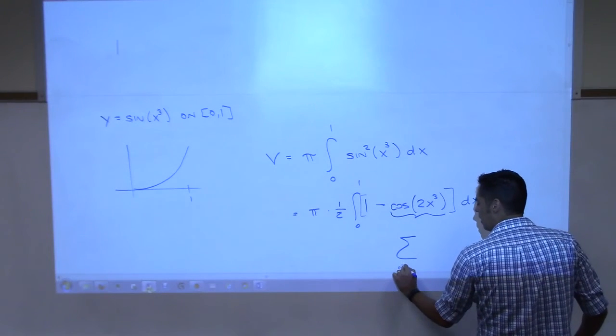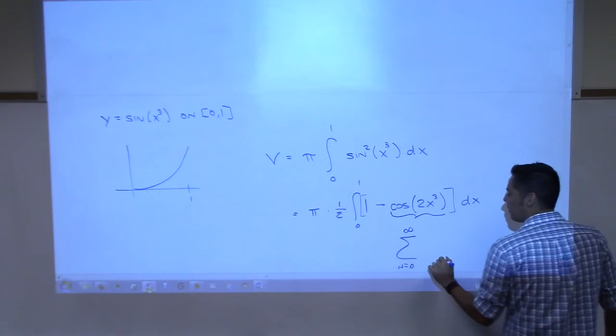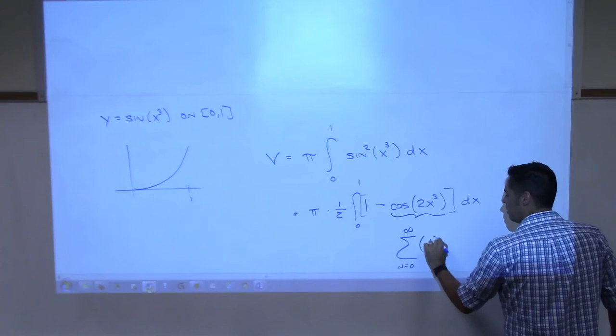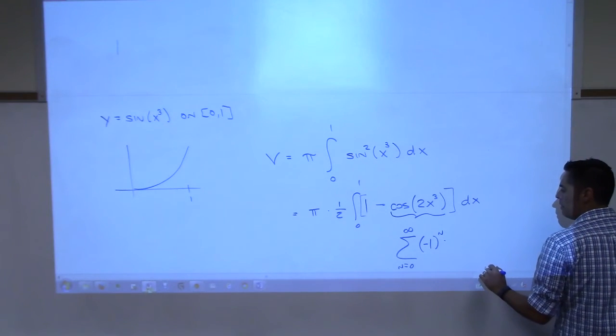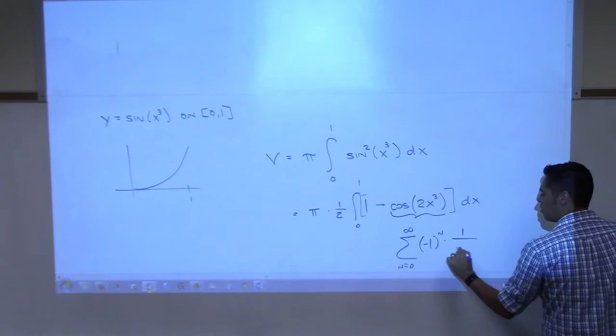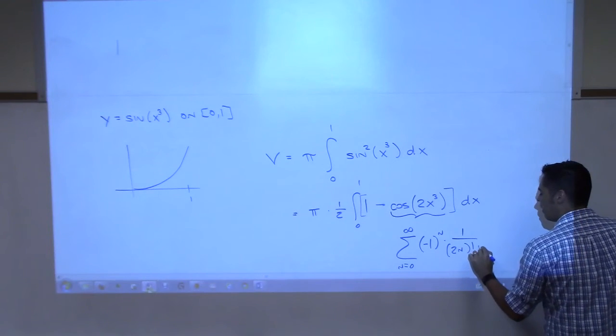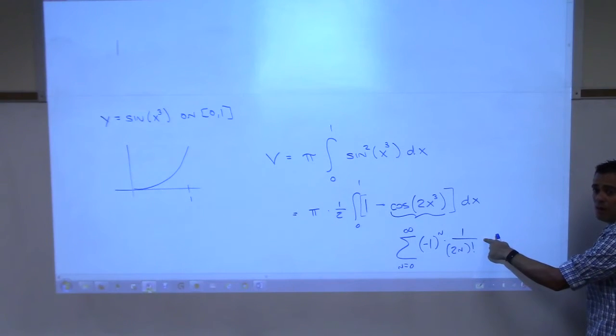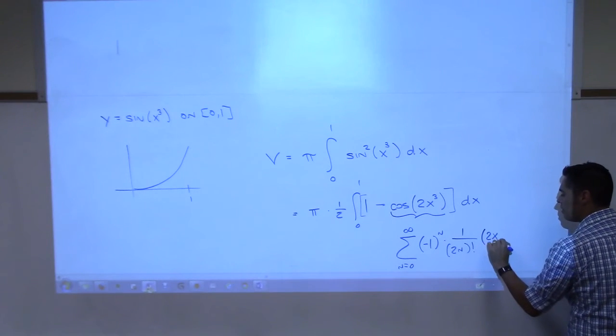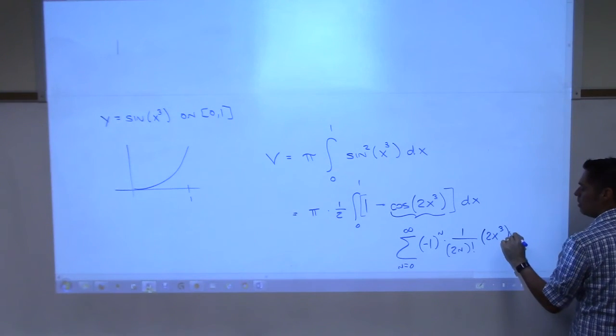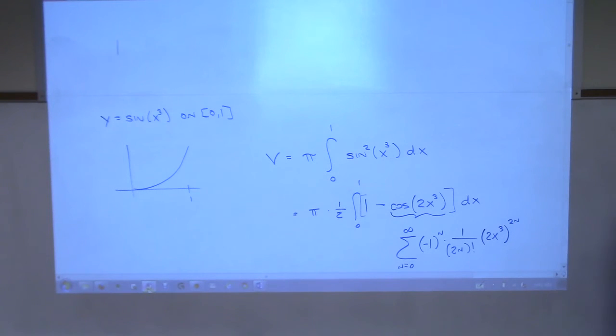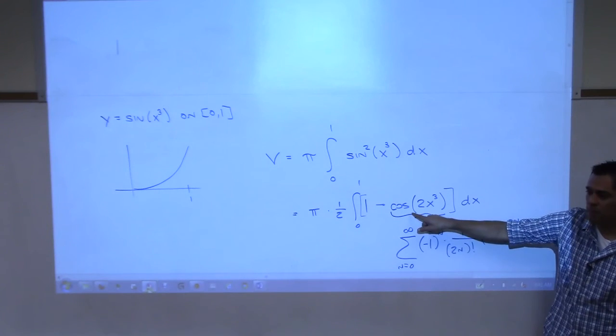It would be the sum from n equals 0 to infinity of negative 1 to the n, times 1 over (2n) factorial, times x to the 2n. But it's not x for us, it's 2x cubed to the 2n. That's what the power series for this would be.